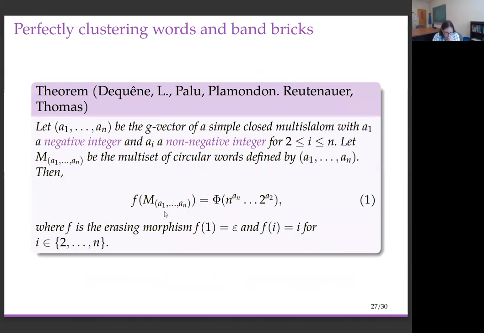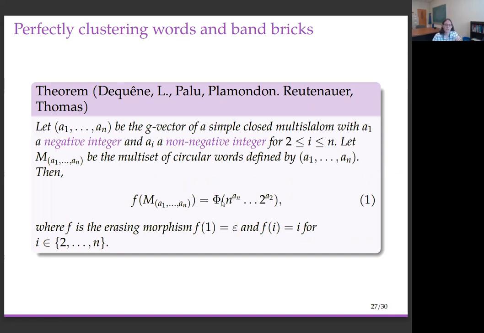So basically, if you do the walk on the path to get all the letters, and you remove the first letter, since it's the one you always go up, you don't want to consider this one, so you just use the erasing morphism that sets 1 to epsilon, and any other letter to itself.